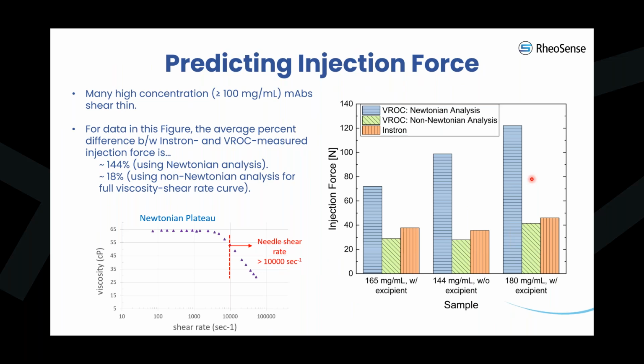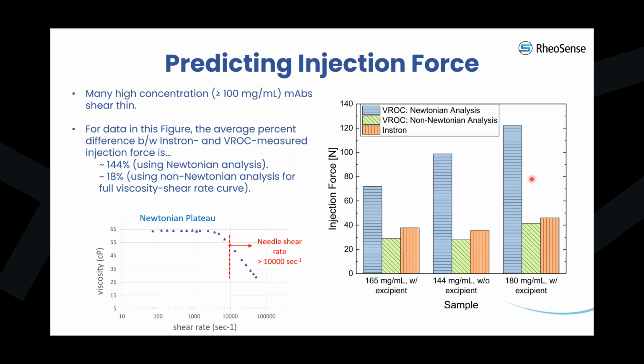Here, we are comparing injection force measured using two methods, the Instron measurement and the VROC-based analysis. With VROC, we can analyze injection force using either a single point viscosity or a full viscosity shear rate profile approach.